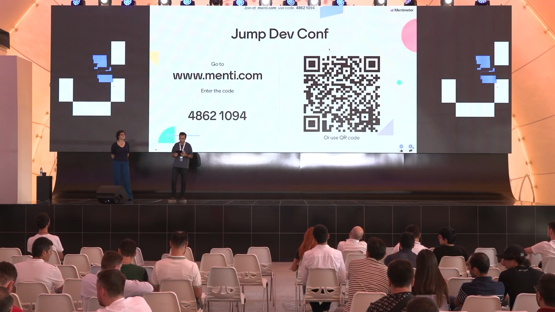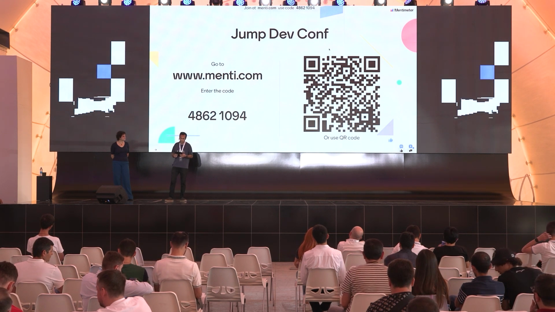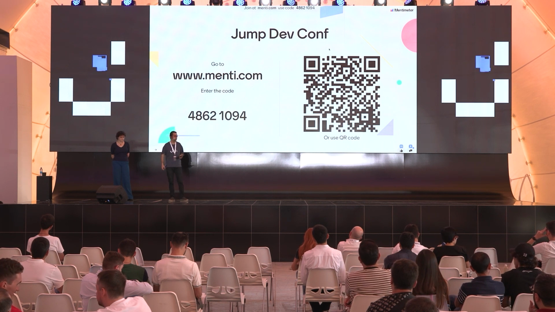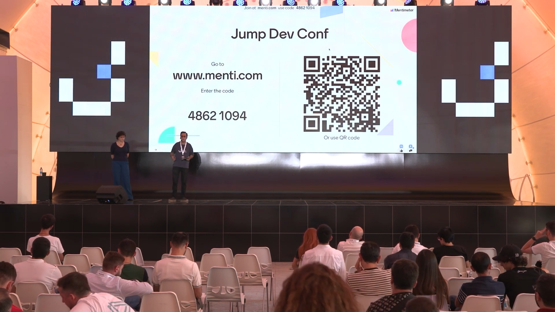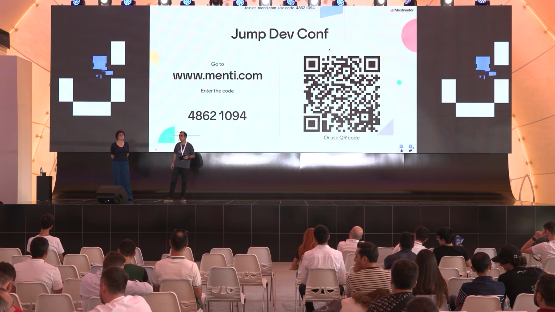Everything should go smoothly, so there are no errors. So the general solution is, first of all, to structure how the communication should be and how the data should be transferred between microservices.